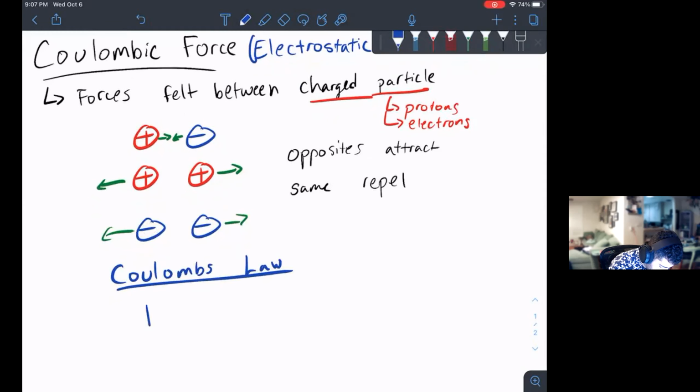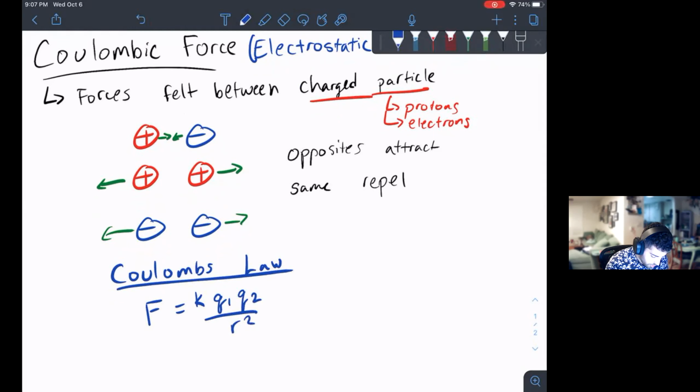Coulomb's law basically says that the force felt by any one charge on another is equal to some constant k times the magnitude of charge 1 times the magnitude of charge 2 all over the distance between them squared. So I'll go ahead and write these out. I'll use a different color. Overall force.